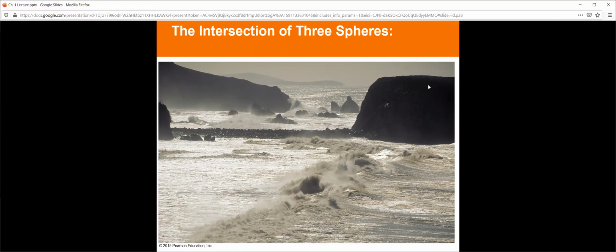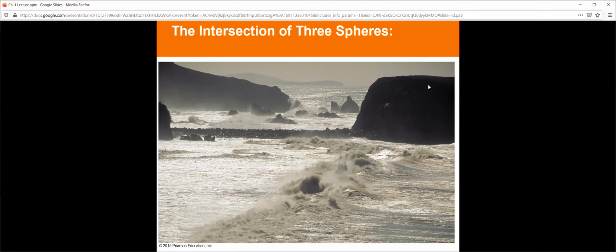Picture here, intersection of 3 spheres. What 3 spheres? I think it's pretty obvious, right? You have the atmosphere, that's the clouds, the haze, the hydrosphere, the crashing water, and of course the geosphere causing that water to crash. Truth be told, I'd be surprised if there wasn't a fish someplace in this picture, or a bird. That would be very shocking to me. I'm sure there's bacteria someplace in this picture.